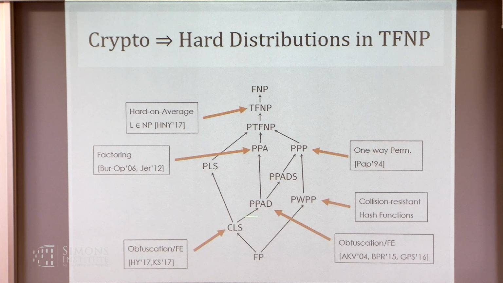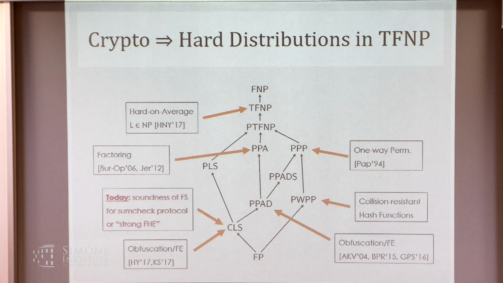In this lower class, which I'm not going to define, we had evidence also based on indistinguishability obfuscation. So these are really heavy hammers from cryptography. There are big assumptions to make. In the talk today, I want to show a different cryptographic assumption that implies hardness in these two classes. Particularly soundness of a particular proof system that even the practitioners in this audience know something about.